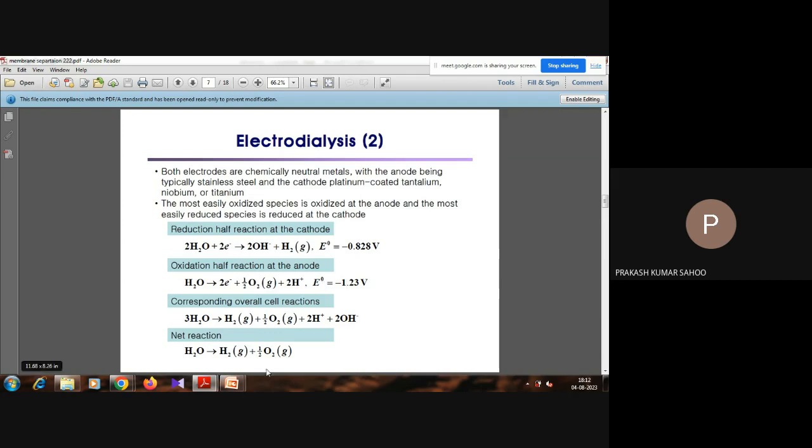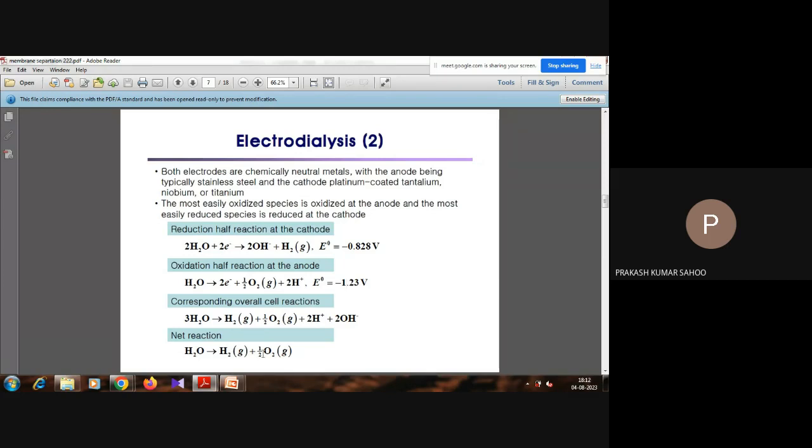So the overall reaction will be 2 water and water, 3 water. These two electrons get cancelled. So we have H2, half O2, 2H plus plus 2OH minus. So this 2H plus and 2OH minus will be again water. So we have the net reaction: water gives rise to H2 plus half O2.